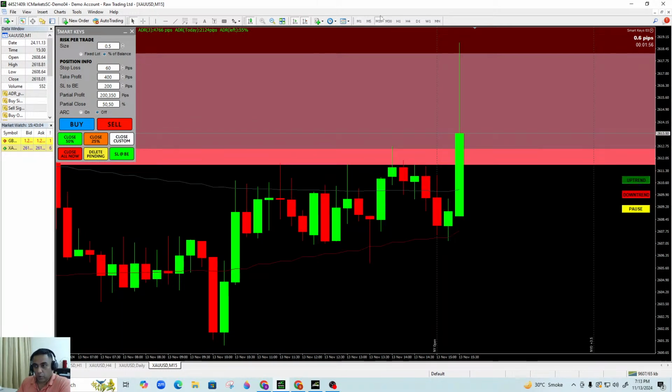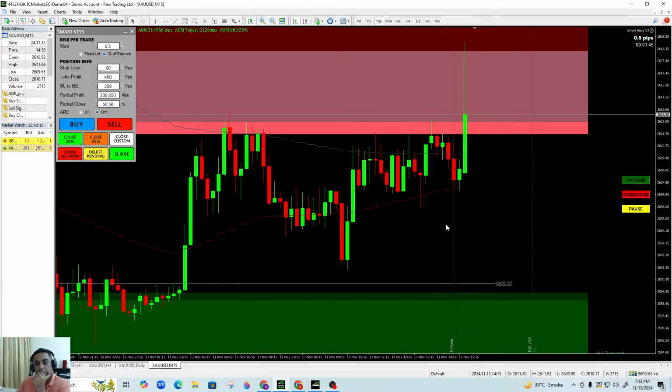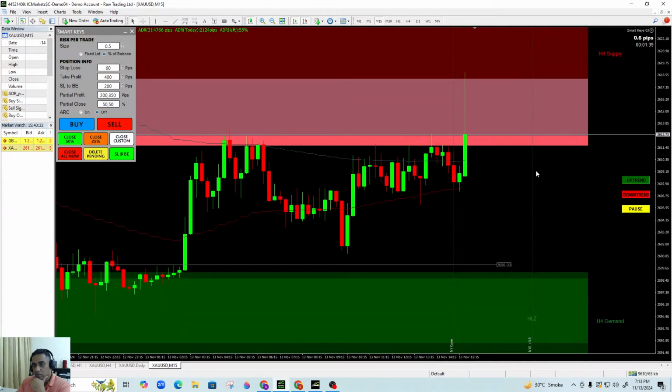So just wait. We're going to wait for this 15-minute candle to close, and we're going to wait for the next 15-minute candle to close, right? Because CPI did nothing, absolutely nothing. It just pushed back into this range, into this supply zone.